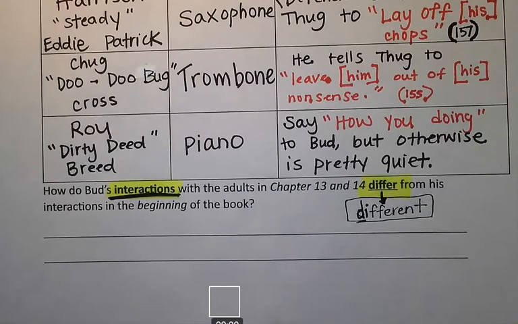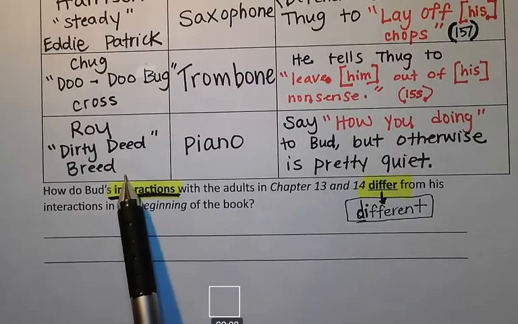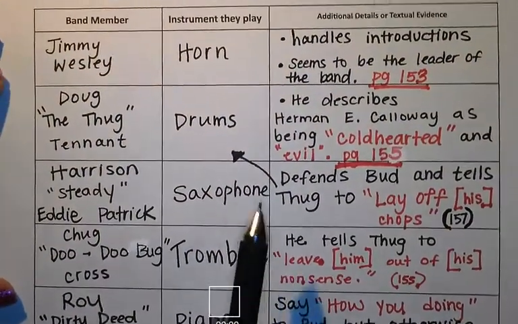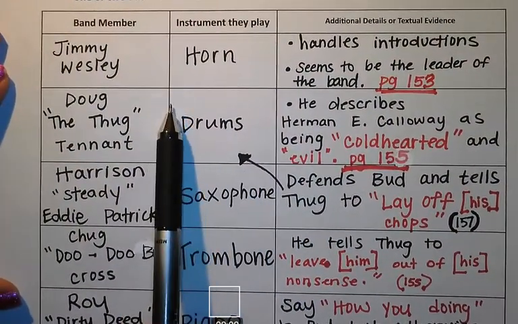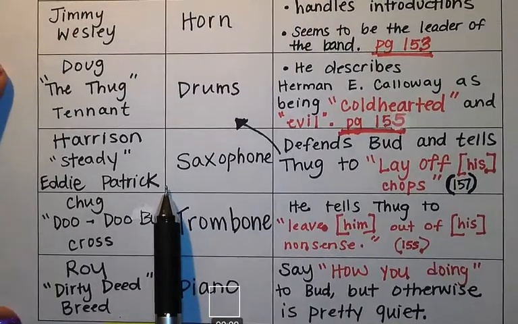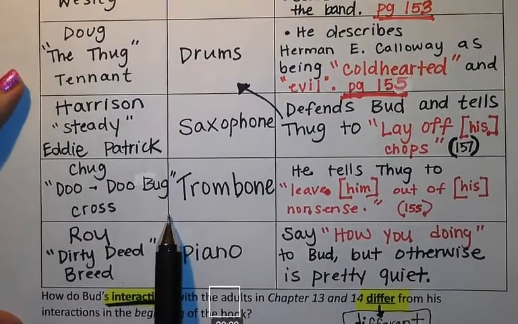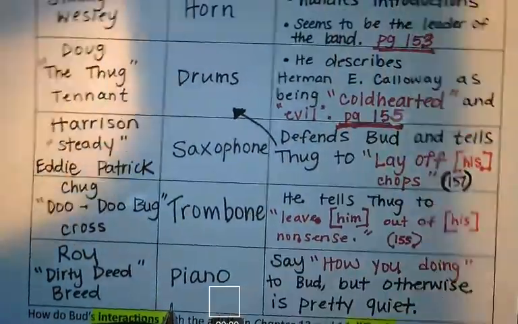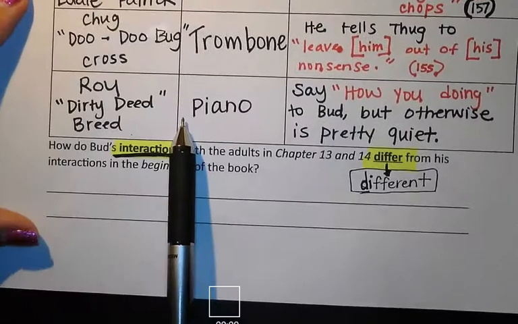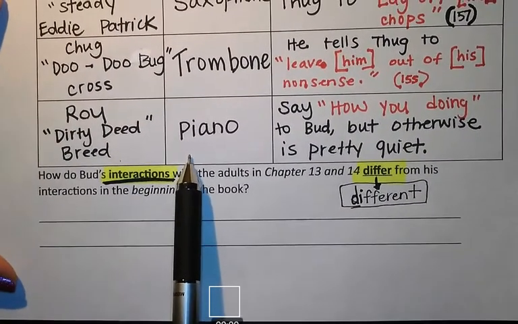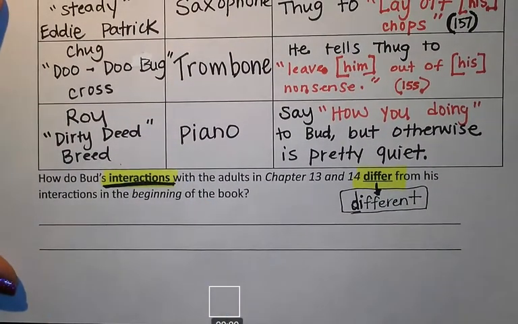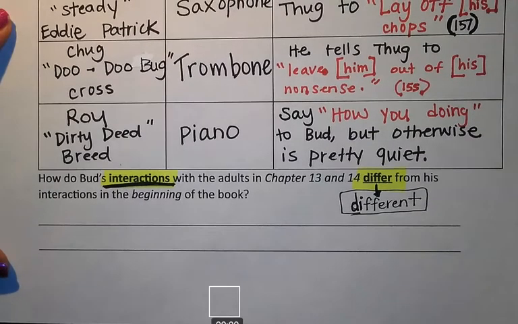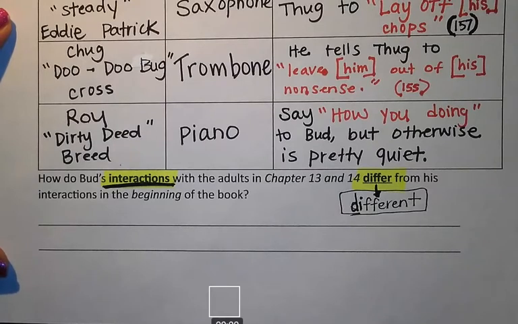Now these people are not just ignoring, mistreating, or abusing Bud, but they're actually taking into consideration what he's saying, who he is, where he's coming from. They actually care about his feelings, and if he's eating, where he's staying. They care about him. So how can we start this off?